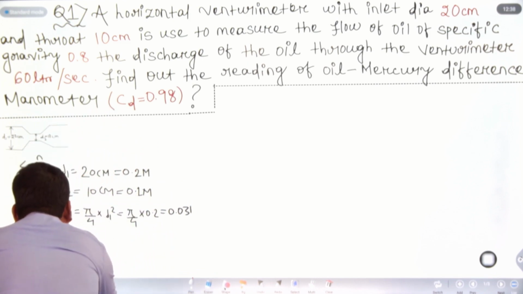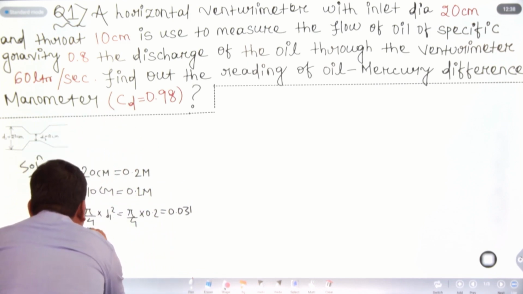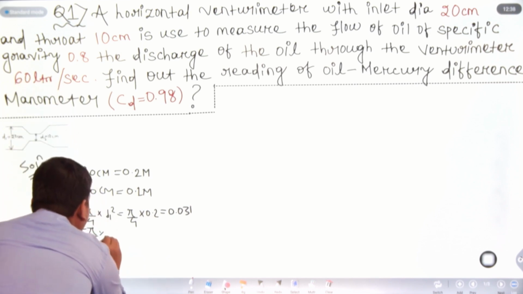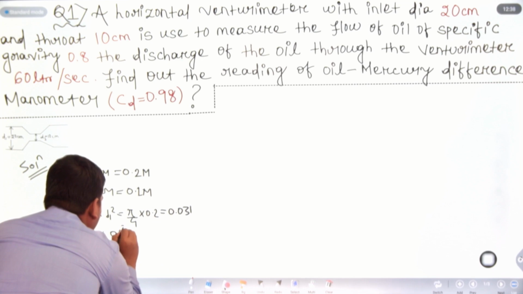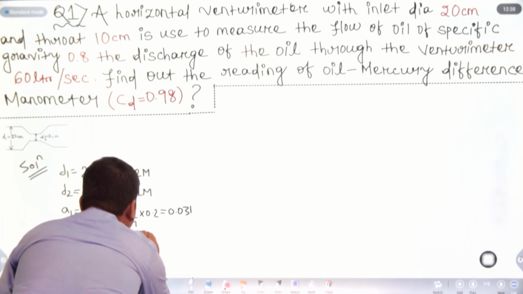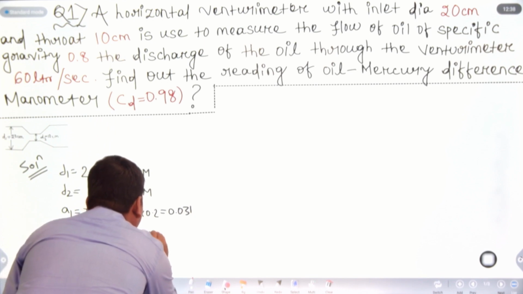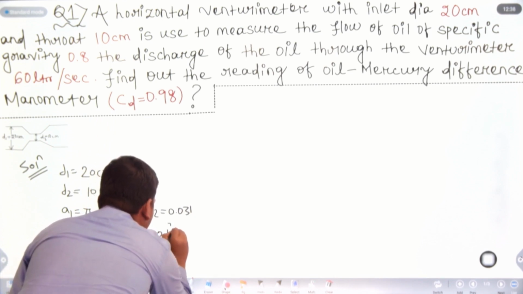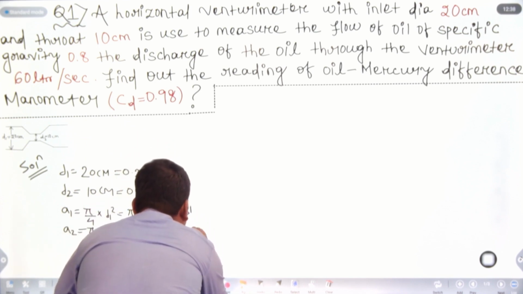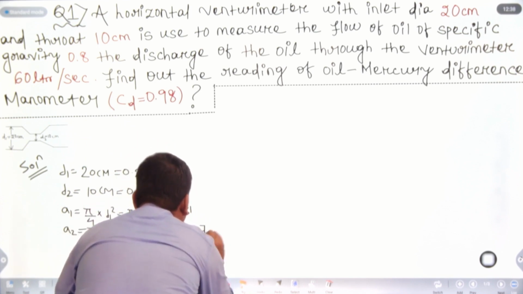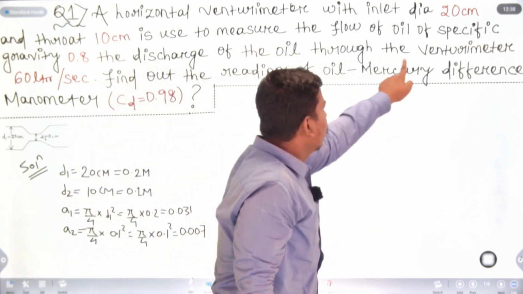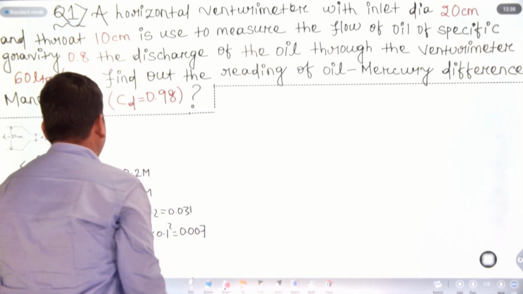Your A2 value is equal to pi by 4 D2 square. That means pi by 4 into 0.1 square is equal to 0.007.